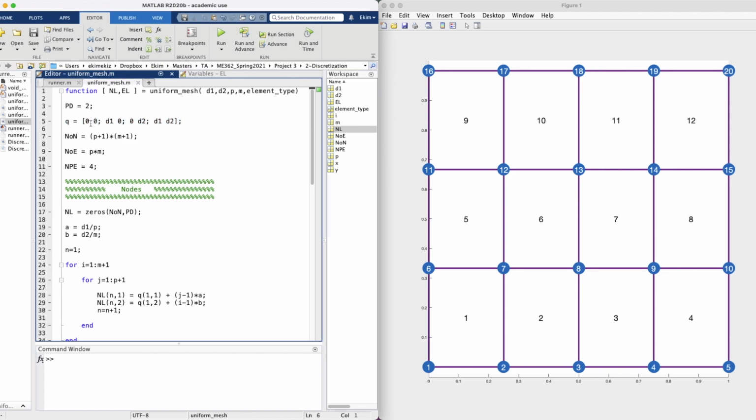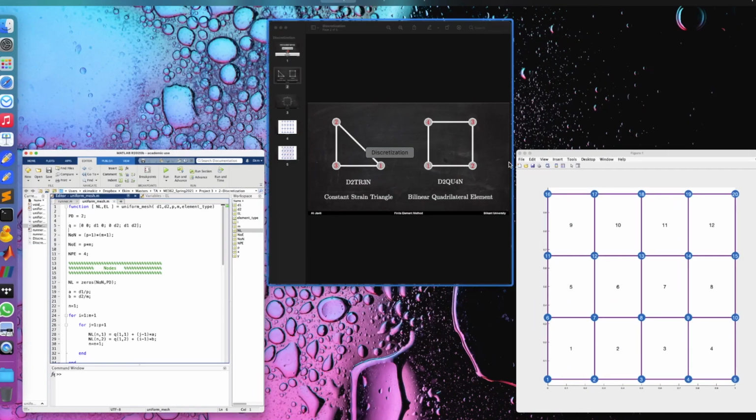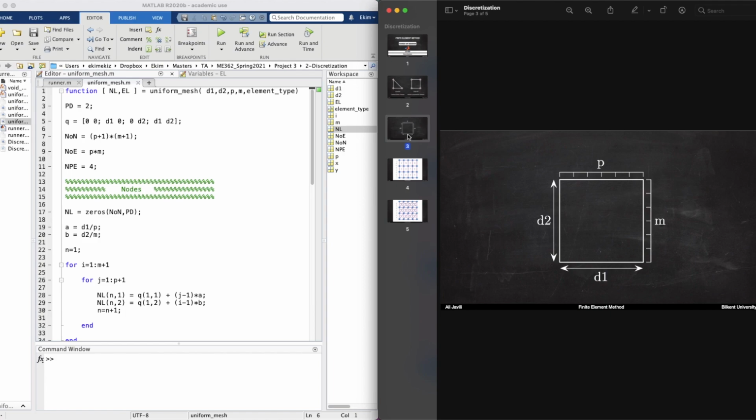This Q stores the information of the corners of your domain. So let's go back to our slides. This corner of the domain, we want to put at 0 and 0. Then this corner would be at d1 and 0. This one should be at 0 and d2.